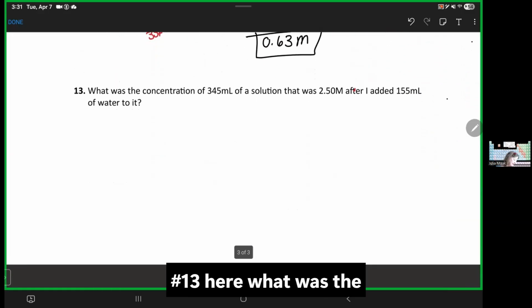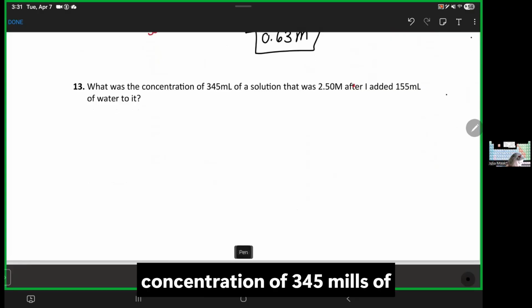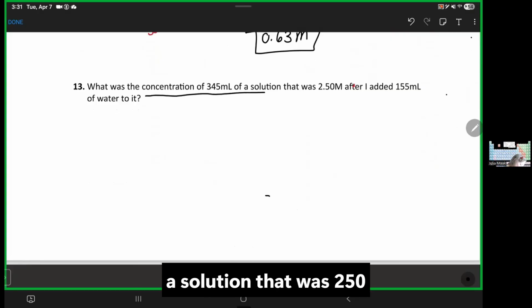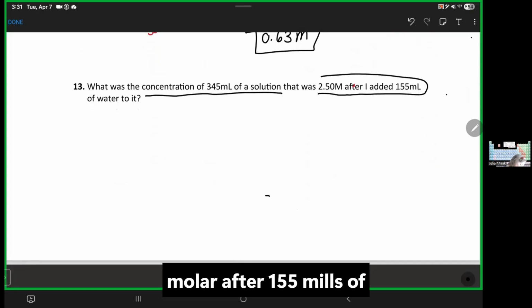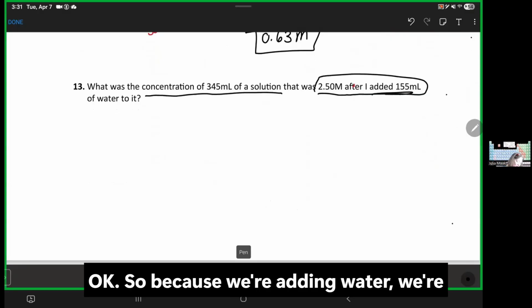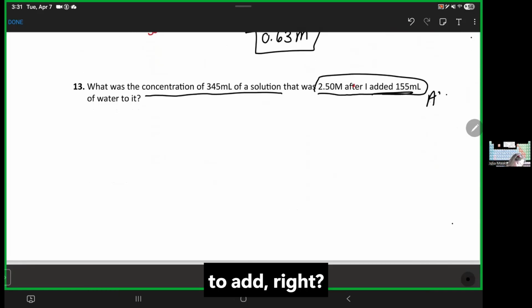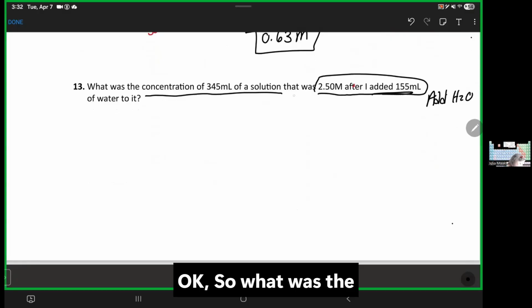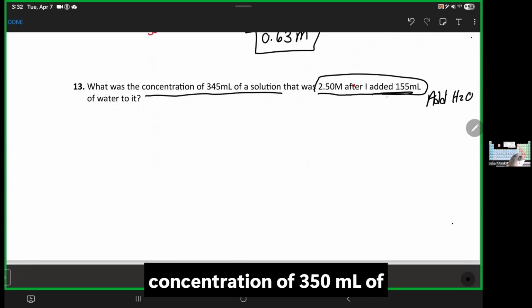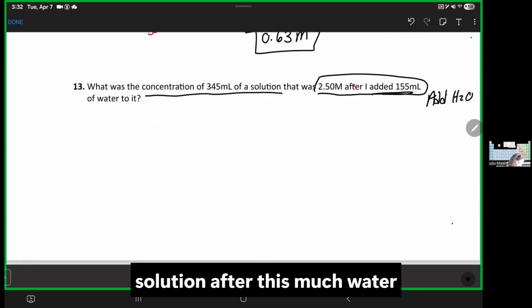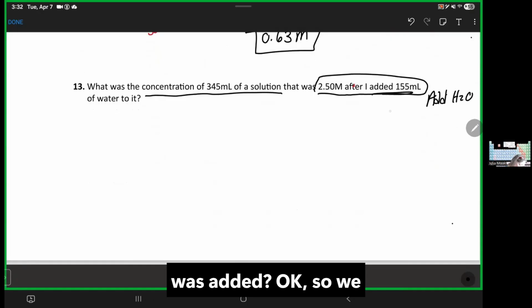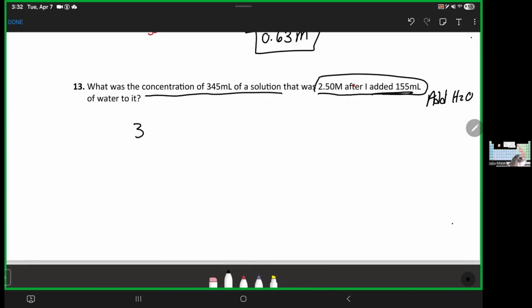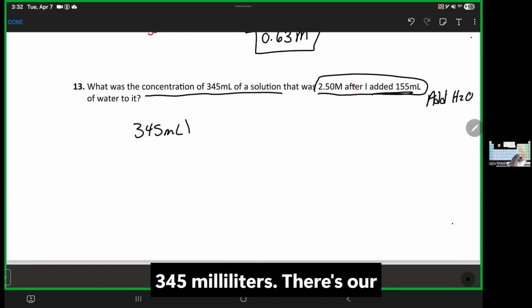Okay, so number 13 here. What was the concentration of 345 mils of a solution that was 2.50 molar after 155 mils of water was added to it? Because we're adding water, we're going to have to add. So we initially had 345 milliliters.